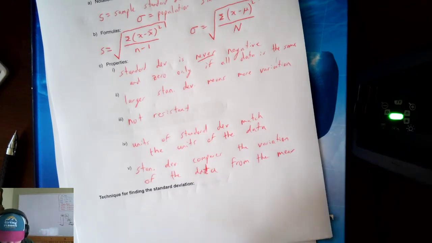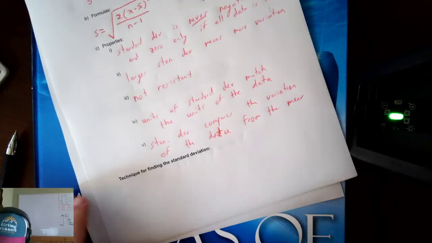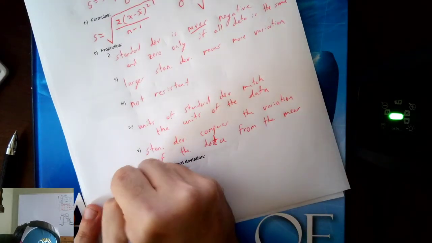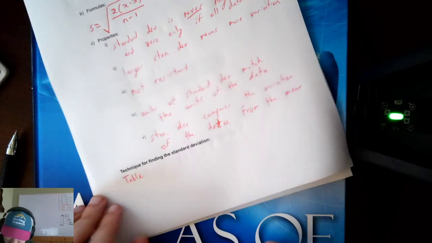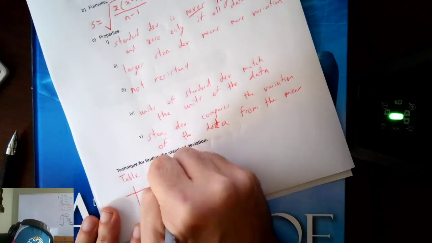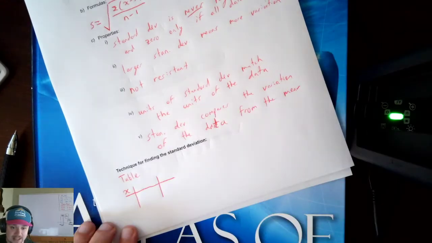Now, let's talk about the technique. This formula is a little messy, so we're actually going to have a technique to solve it. The technique is with this table. The table we make has 3 headers. The first header is x.